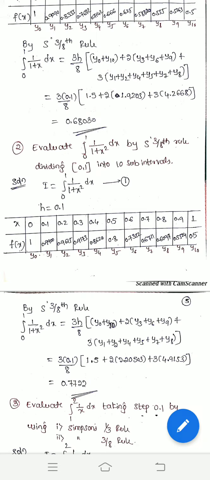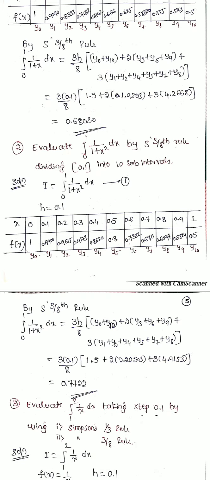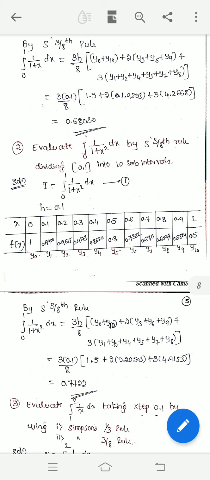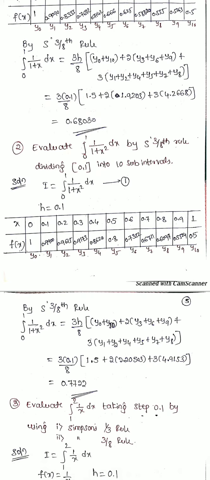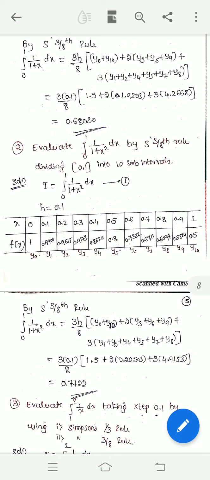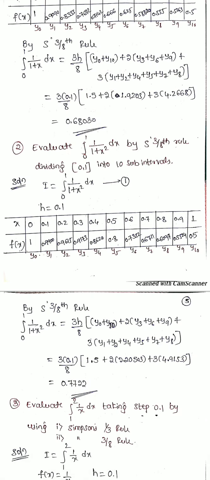Similarly, take the second example. Evaluate the integration from 0 to 1 of 1 divided by 1 plus x square dx by Simpson's 3/8 rule, dividing the interval 0 to 1 into 10 equal sub-intervals.